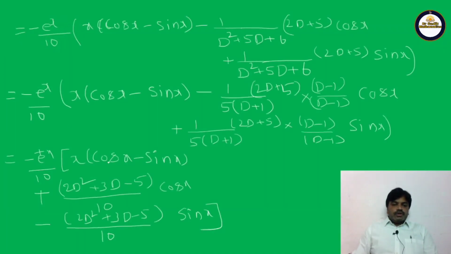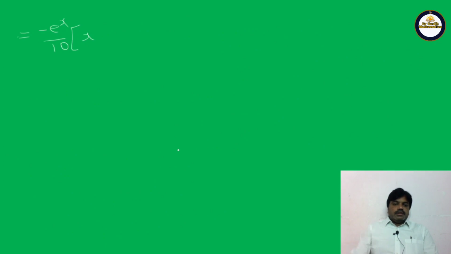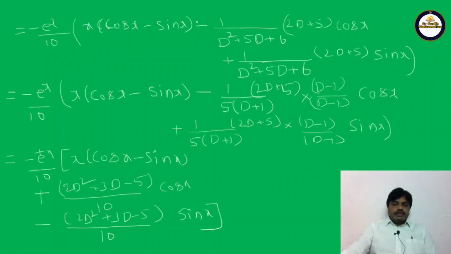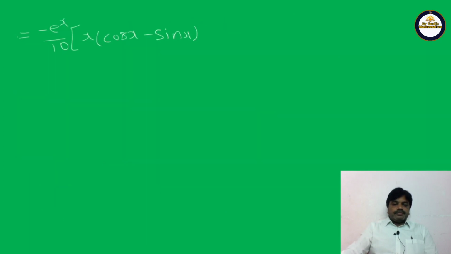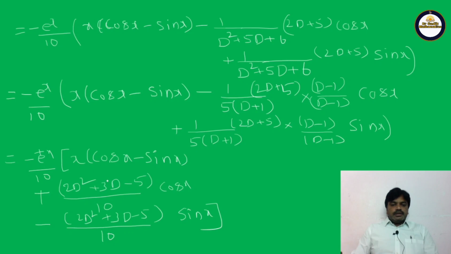that is equal to minus e power x by 10, bracket, x into (cos x minus sin x), and then plus 1 by 10, bracket here, friends.